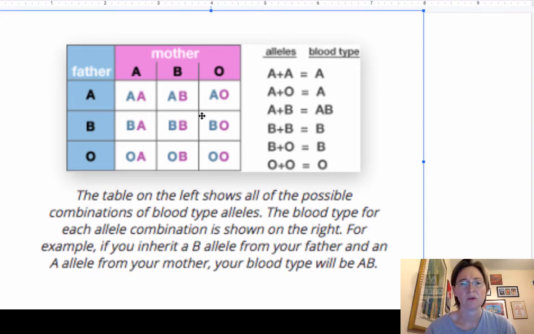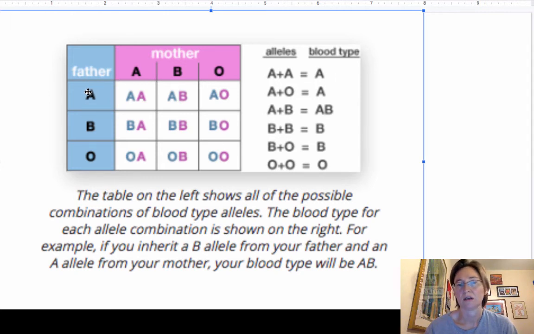So for example, if you got a type A allele from your dad and a type A allele from your mom, then your genotype is big A, big A, and you have blood type A. Well, that's pretty clear.